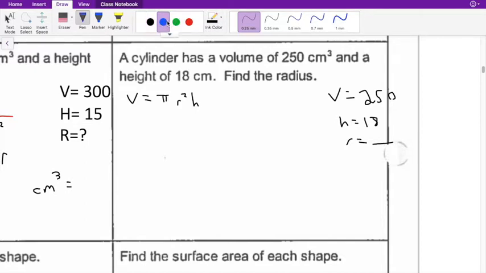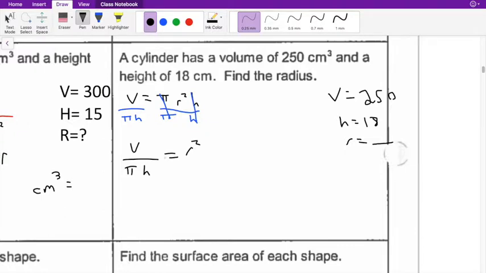So let's isolate r. Right now I have pi times r squared times h. These are multiplications, so to get rid of them, we need to do the opposite, which is divide. And what we do to one side, we do to the other side. Cancel out, cancel out. So now we have v over pi h equals r squared.